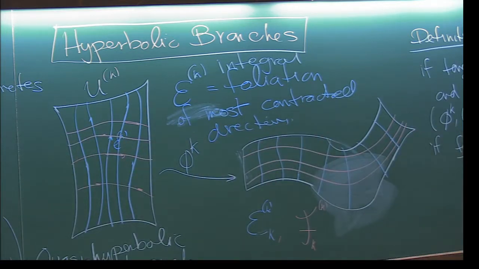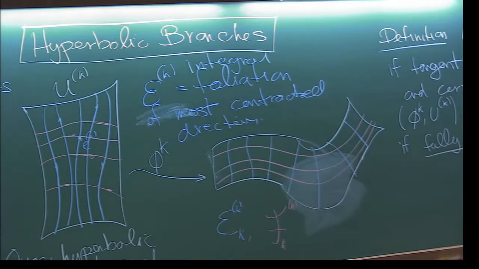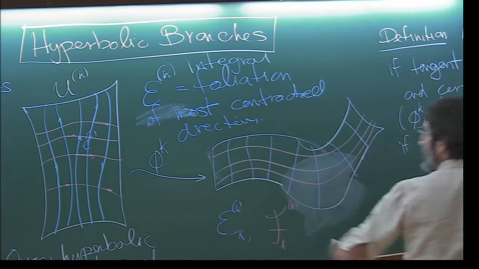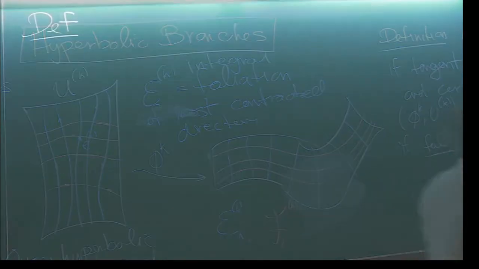So now I'm going to give the definition of a quasi-hyperbolic branch. I could just say that it's roughly a quantitative version of this, but just to show that it's really not very many assumptions that we give.